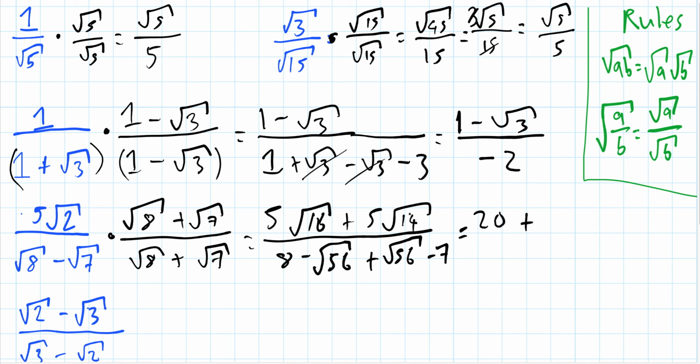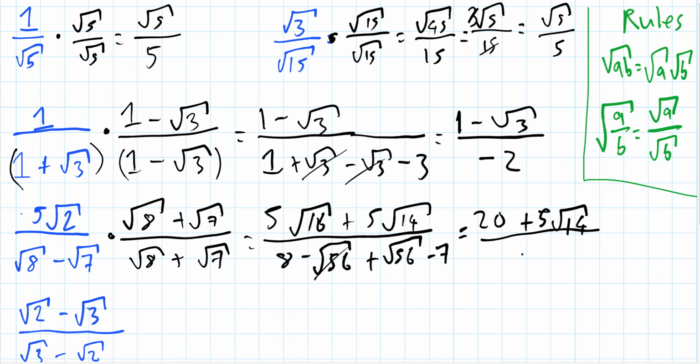Can you break this down? No, we can't. So that should be 5 square root 14 over, so they cancel each other out. 8 minus 7 is 1. Yeah. Or we could just leave it as this. That'd be our answer here.